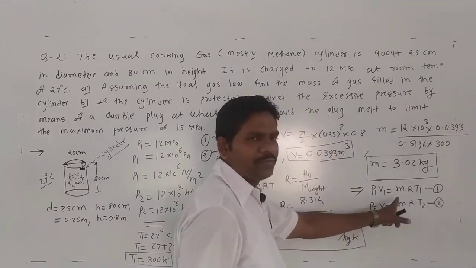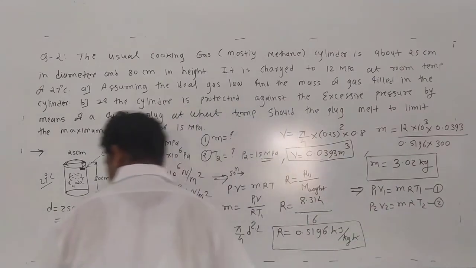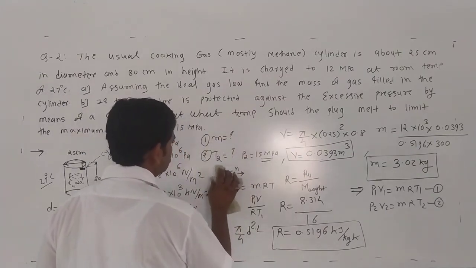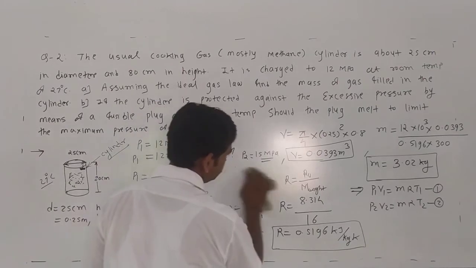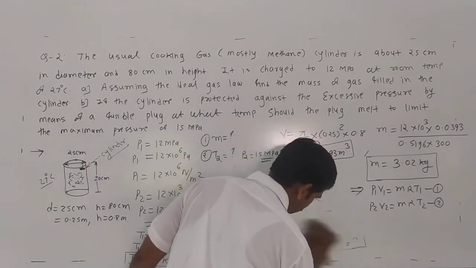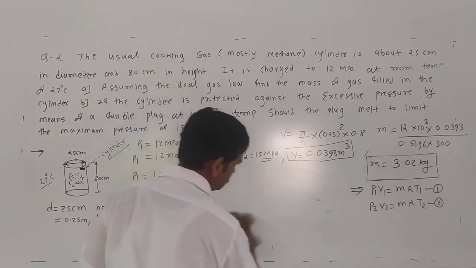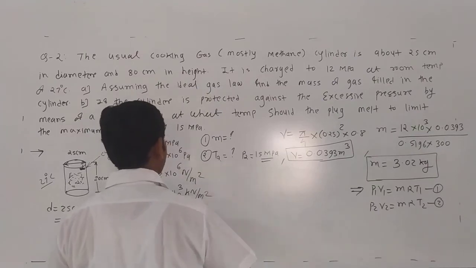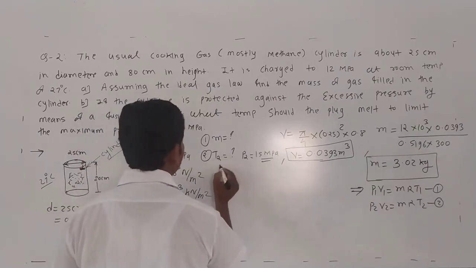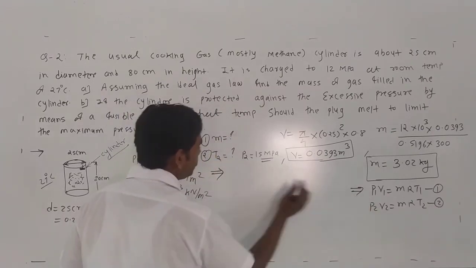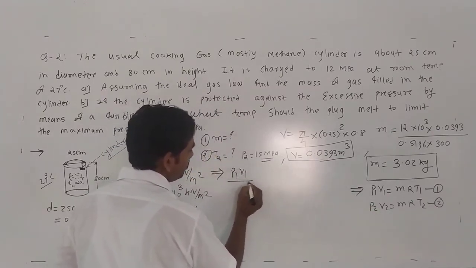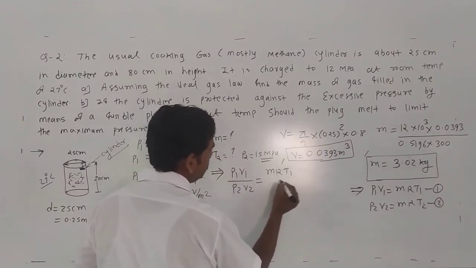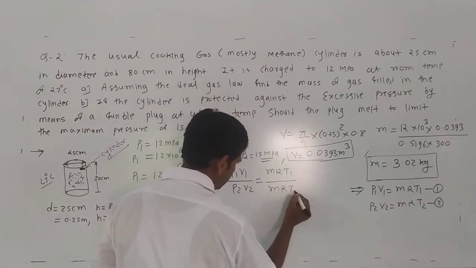So we divide equation 1 by equation 2. After dividing, P1 V1 upon P2 V2 is equal to mR T1 upon mR T2.